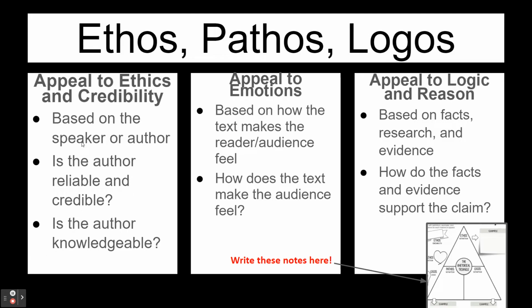So, ethos, the appeal to ethics and credibility. So, it's based on the speaker or author. If the author is reliable and credible, the audience is more likely to buy into it. Is the author knowledgeable? Does the author appear to know what they're talking about? That's an ethos appeal. Pathos appeals to emotions based on how the text makes the reader or audience feel.